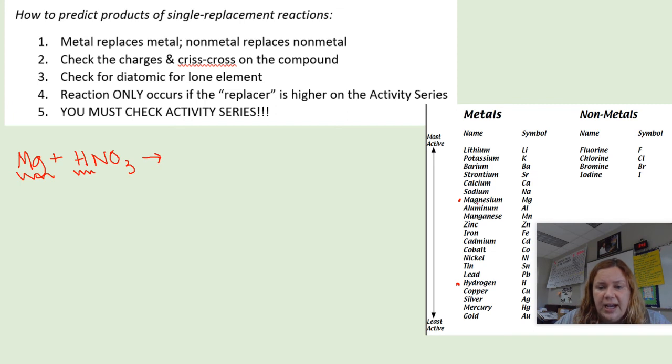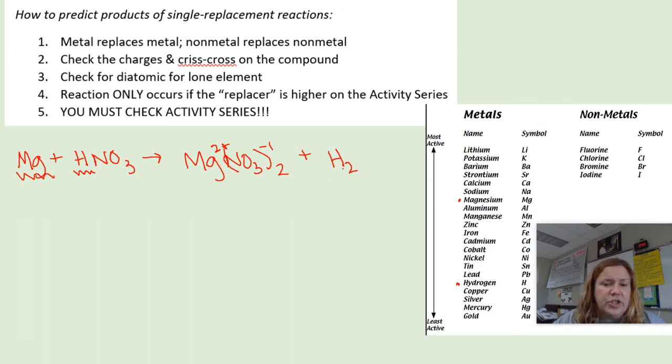Magnesium is higher in activity than hydrogen, so it can knock out that hydrogen. So I'm going to have magnesium nitrate. Nitrate is a 1 minus. Magnesium is a 2 plus, so I'm going to put a 2 on the outside of my NO3. And I'm going to leave hydrogen gas hanging. But remember, it's hydrogen, so we need a diatomic here.